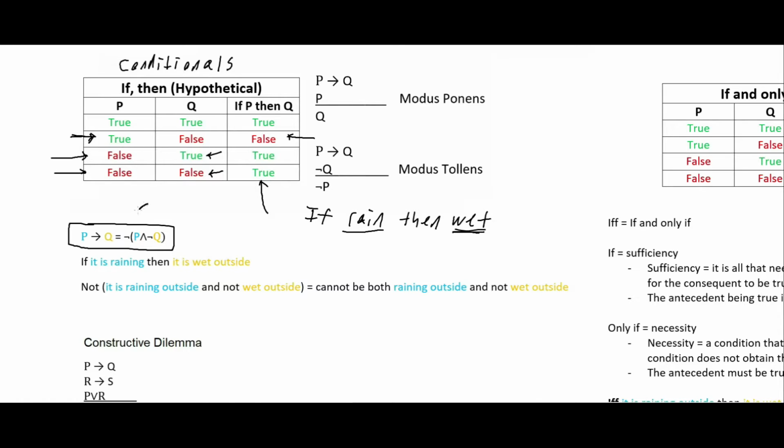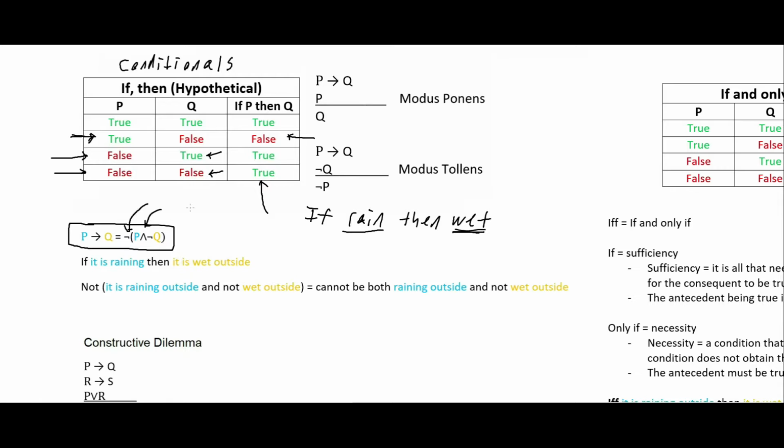Here we're using the not and we're using the or, and there's this thing in logic where people try to boil everything down to using only not and and operators.